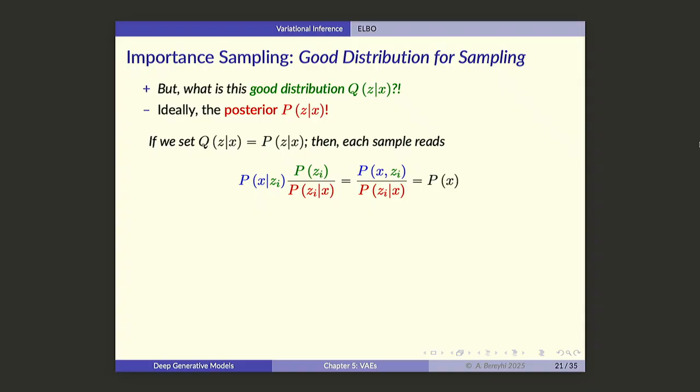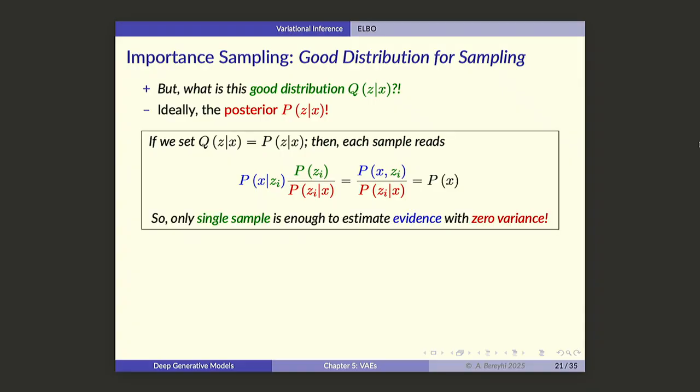So essentially, if you set q to be exactly P of z given x, then with only one sample, you're going to estimate evidence with variance 0, absolutely 0, because it doesn't matter what is z. Any sample you put inside the importance sampling expression is going to be exactly P of x. So is one sample enough to do the estimation?